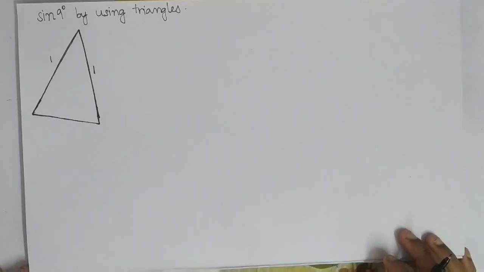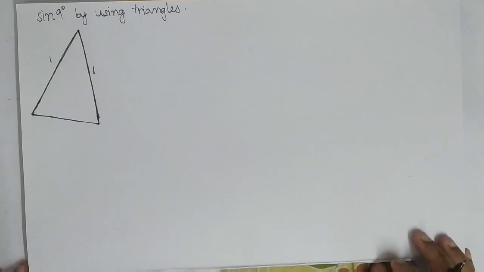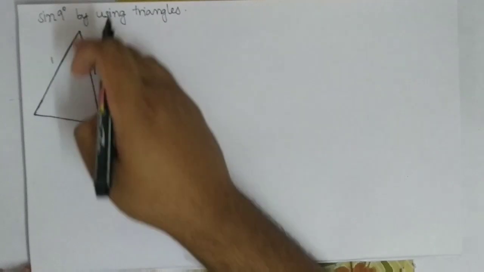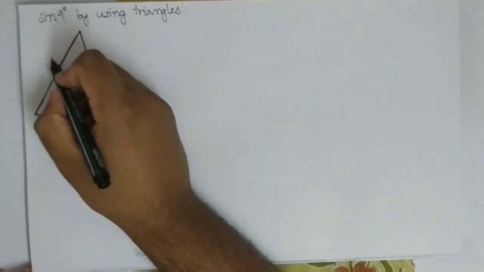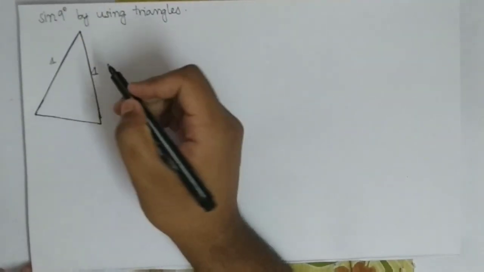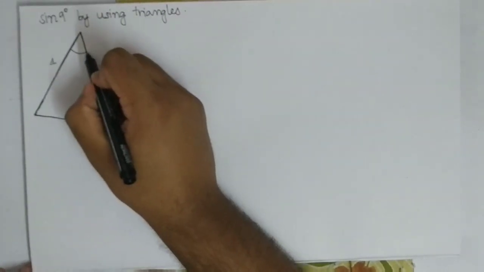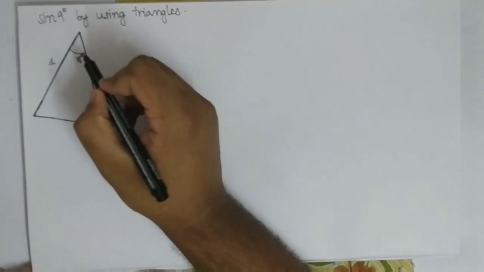So as I've said, I'm going to find out the value of sine 9 degree by using triangles. So as I'm going to find it out with triangles, I have to take a triangle. So this is the triangle. In this triangle, the length of the two sides are suppose 1 unit each. So this is an isosceles triangle. I am taking this angle to be 18 degrees.